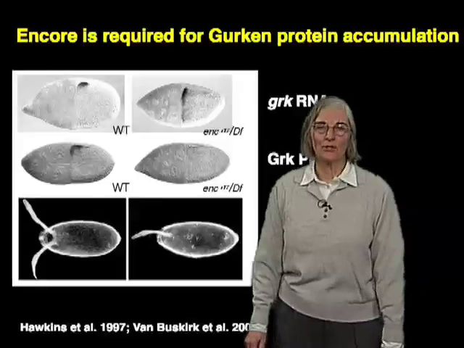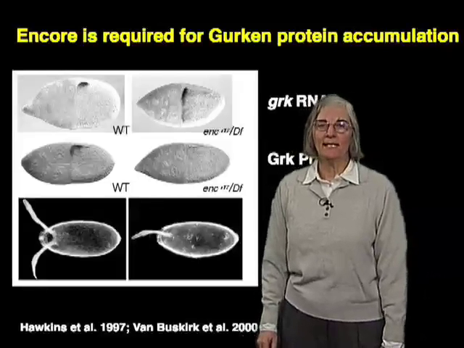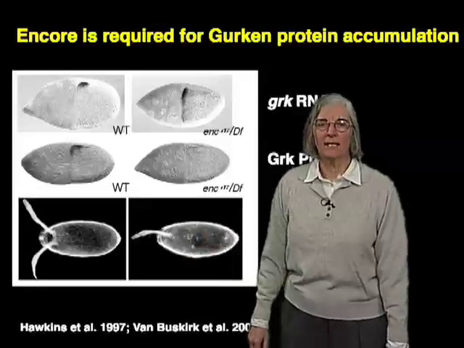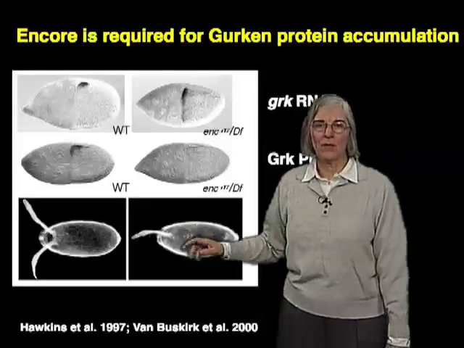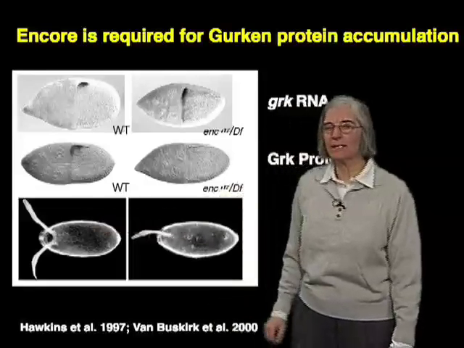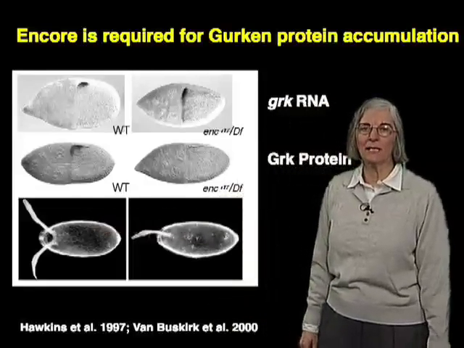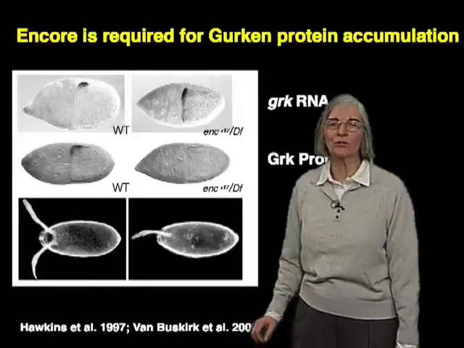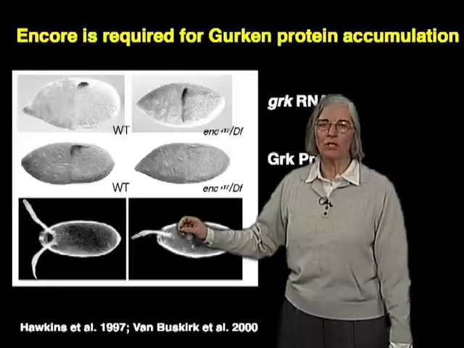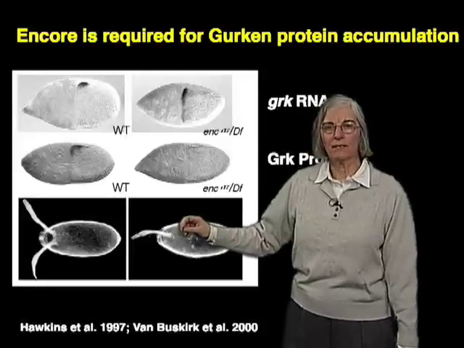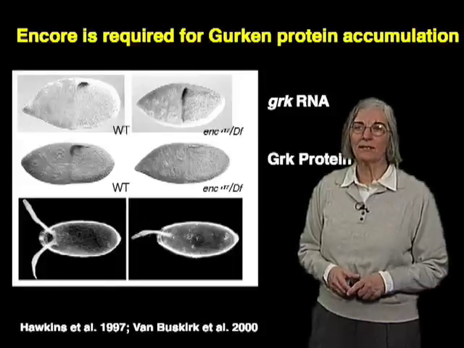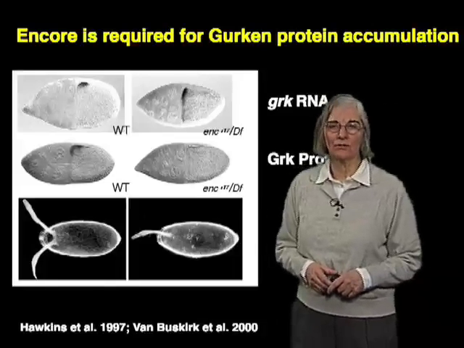Because there is not much Gurken protein in these eggs, this results then in a ventralized egg and embryo phenotype, so that instead of having two populations of dorsal follicle cells that produce dorsal appendages, we lose the dorsal midline and we have only a reduced, single population of follicle cells that will migrate and form dorsal appendages. And the embryos that develop inside these eggs are also ventralized.